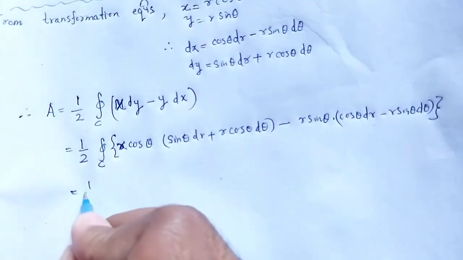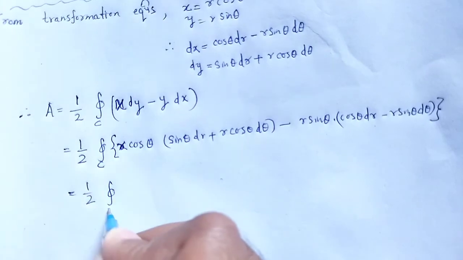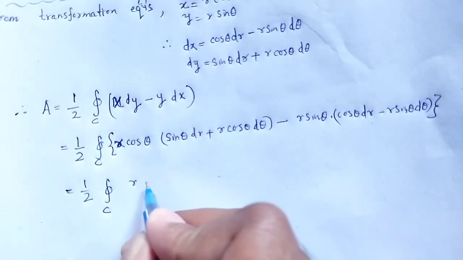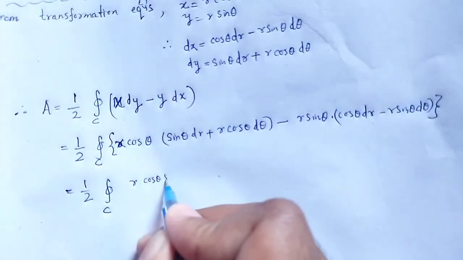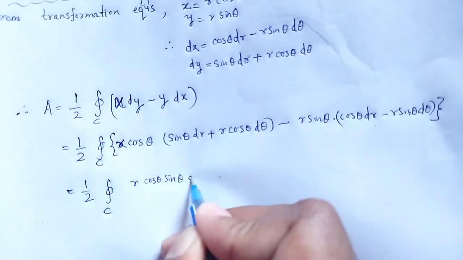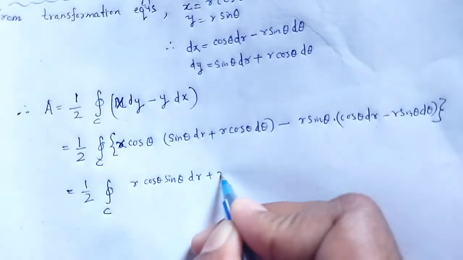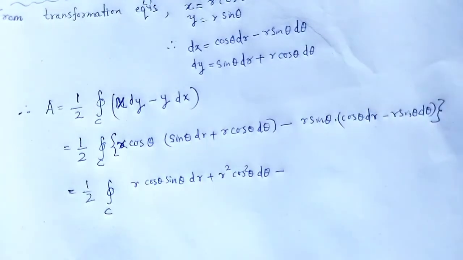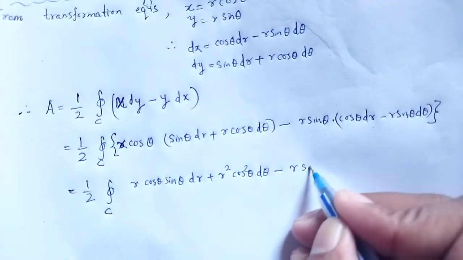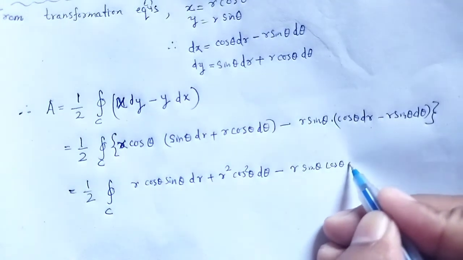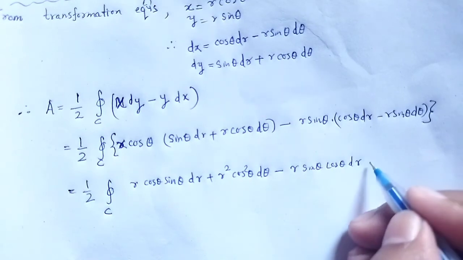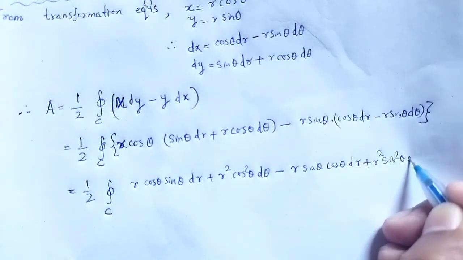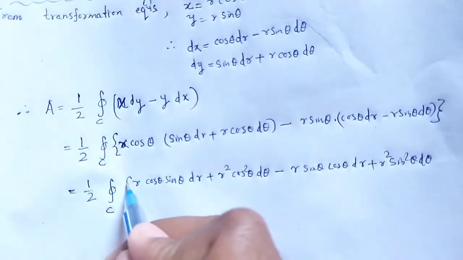Expanding, half closed curve integration over c of r cos theta sin theta dr plus r square cos square theta d theta minus r sin theta cos theta dr plus r square sin square theta d theta.